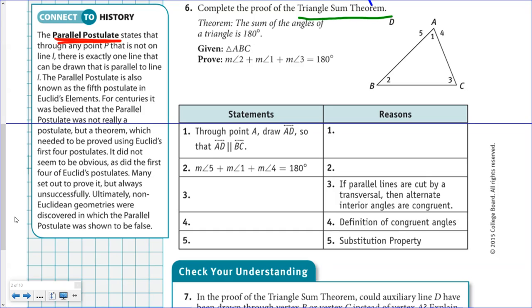So on this proof, if I were giving it to you myself, I would have actually put statement 1 that said triangle ABC with the given angles of angle 1, angle 2, angle 3, angle 4, and angle 5 as my given.